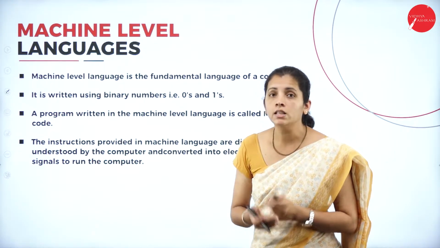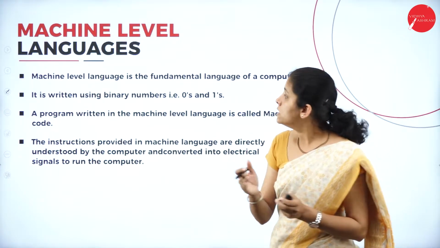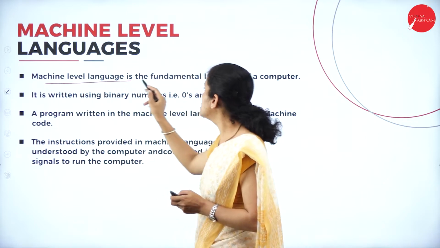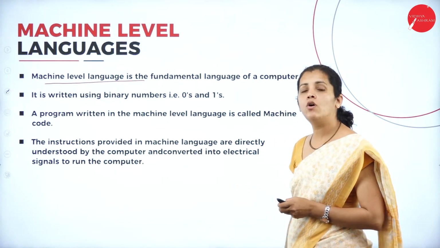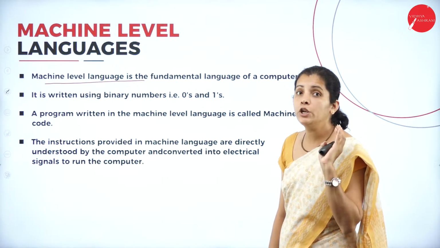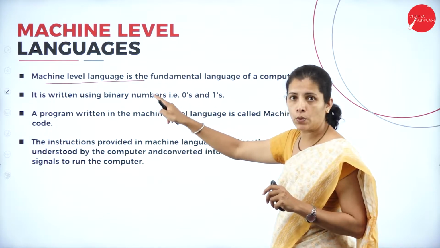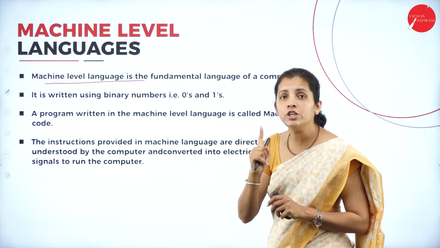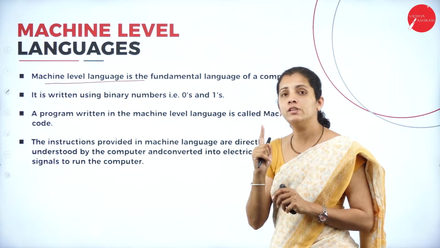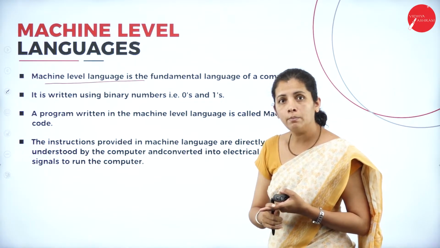So dear student, now I'm going to have machine level language. Now this machine level language is the fundamental language of the computer. That means the most commonly used computer language is machine language, because the machine understands only machine level language. That is nothing but binary numbers.